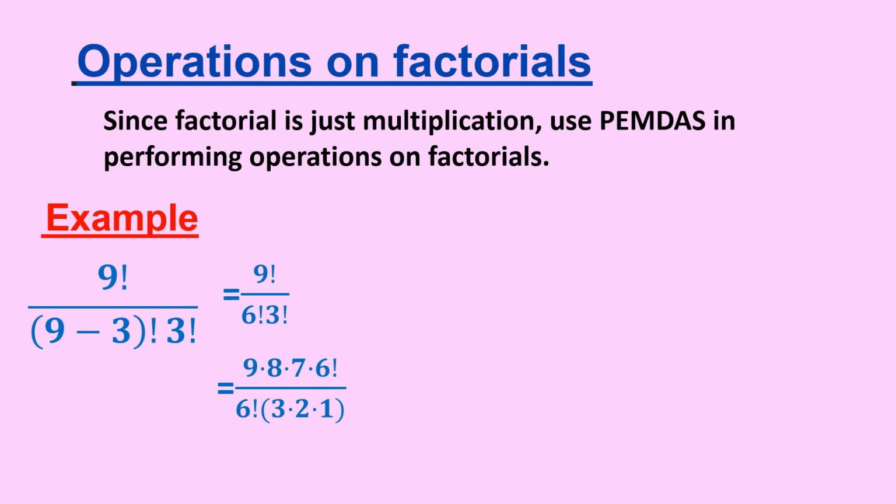Then we will have on our denominator 6 factorial times 3 times 2 times 1, expanding 3 factorial. So we don't have to expand the 6 factorial because we're going to cancel it with our 6 factorial on the numerator. Then on our remaining numbers, 9, 8, 7, 3, 2, 1, we can still cancel 9 and 3, which will give us 3. Then 8 and 2, which will give us 4. So the remaining numbers are 3 times 4 times 7, which will give us 84.